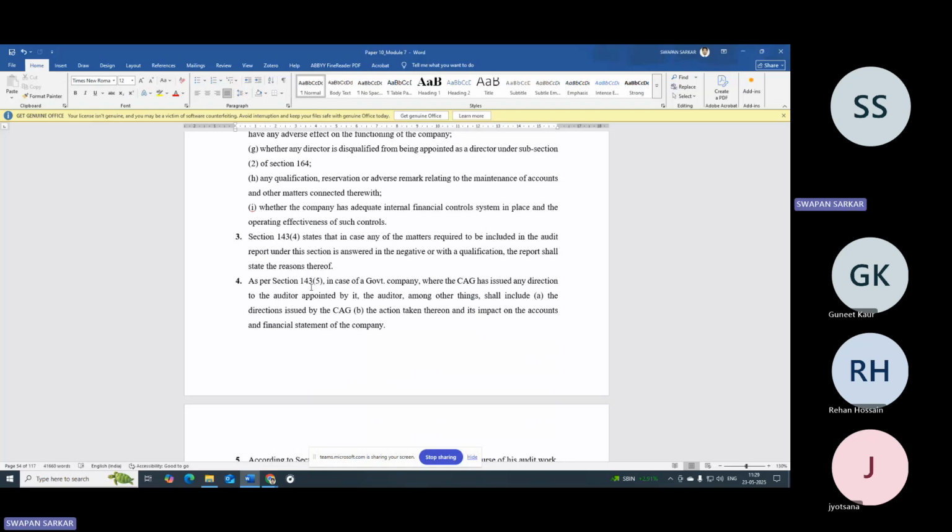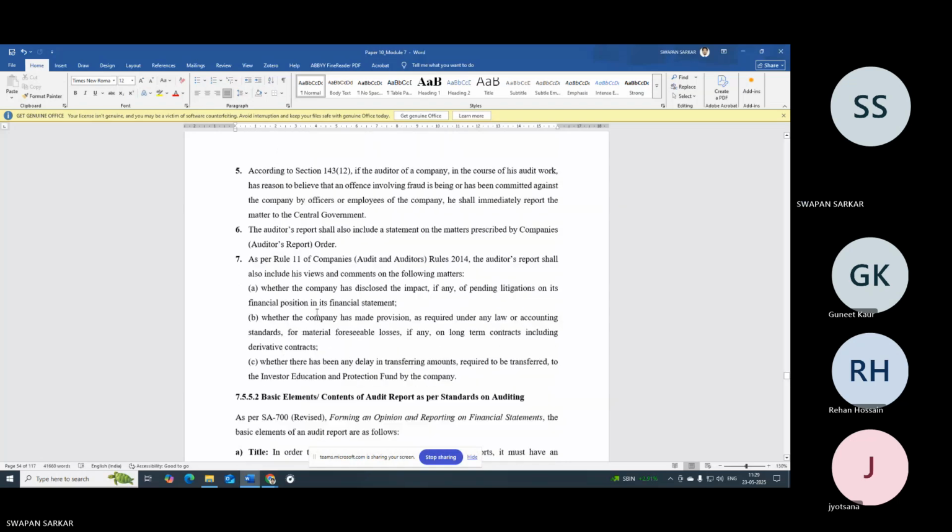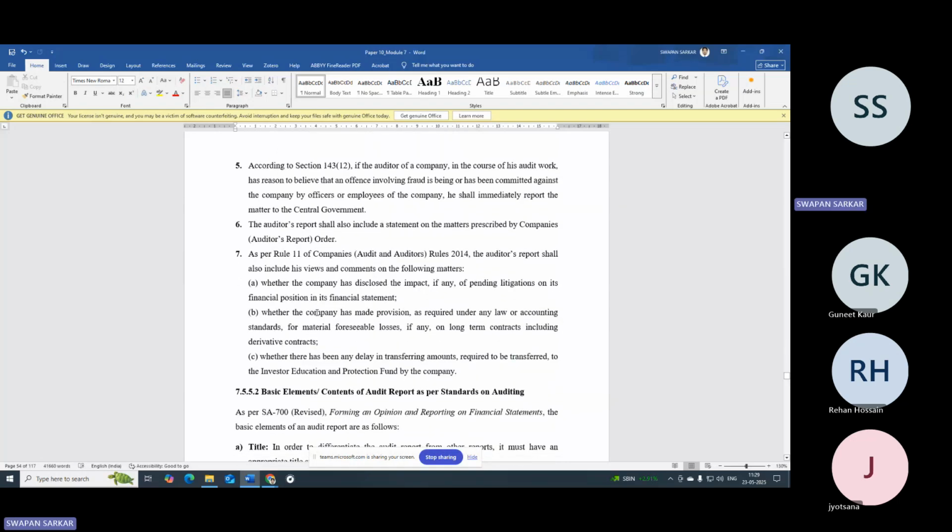As per 143(5), in case of a government company where the CAG has issued any direction to the auditor appointed by it, the auditor, among other things, shall include the direction issued by the CAG and the action taken thereon, and its impact on the accounts and financial statements of the company. Similar other areas also are to be discussed in the report of the company.